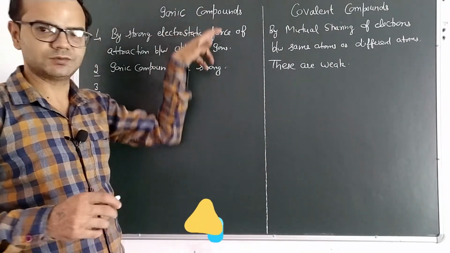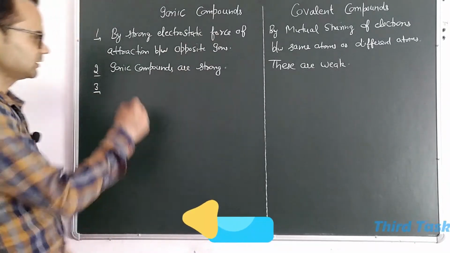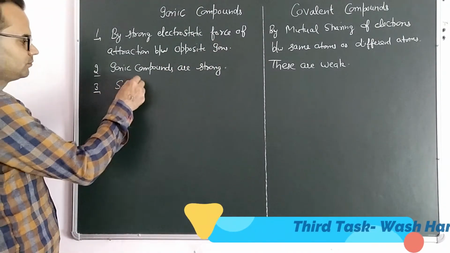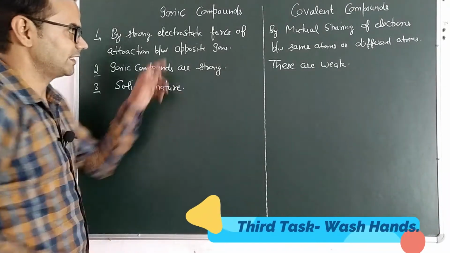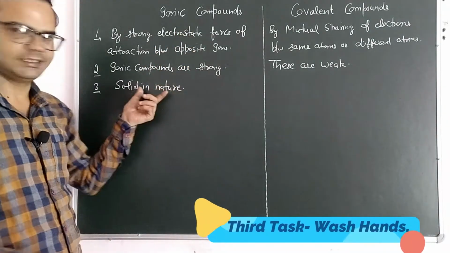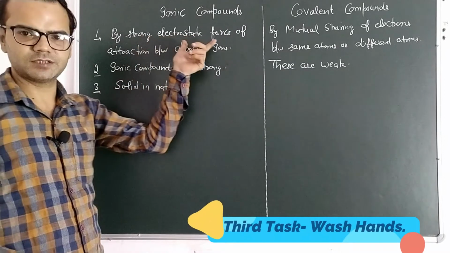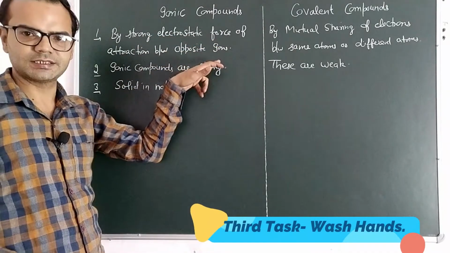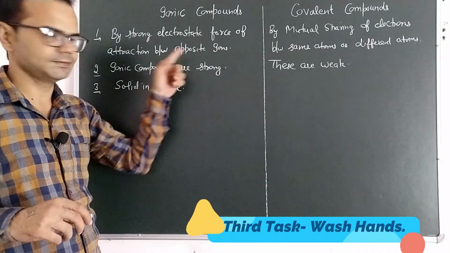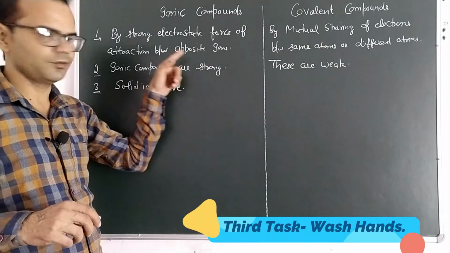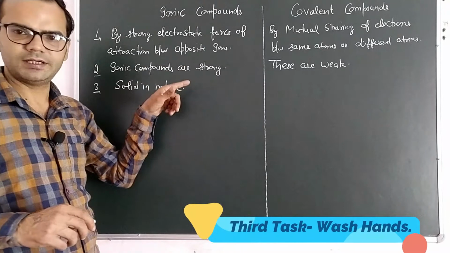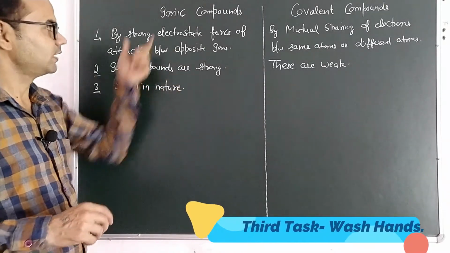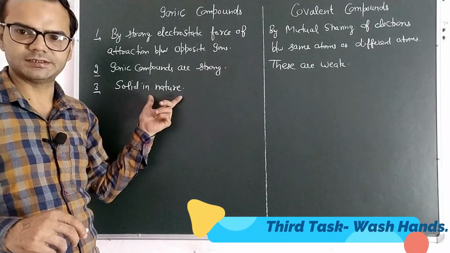So the question can be asked, why are ionic compounds solid in nature? Due to strong electrostatic force of attraction between opposite ions, ions are arranged in a systematic manner and form a three-dimensional crystal, and a three-dimensional crystal is called a lattice. So ionic compounds are solid in nature.